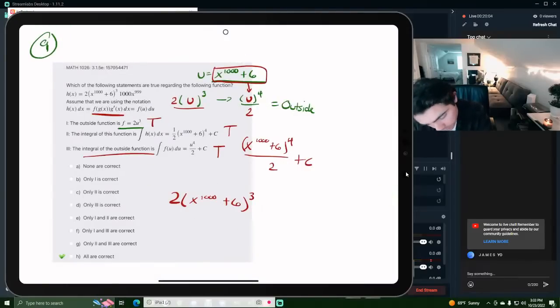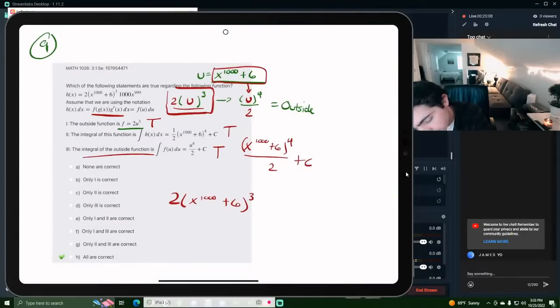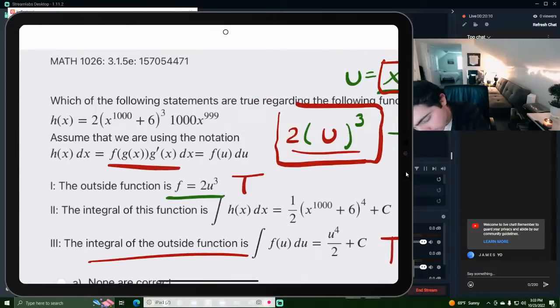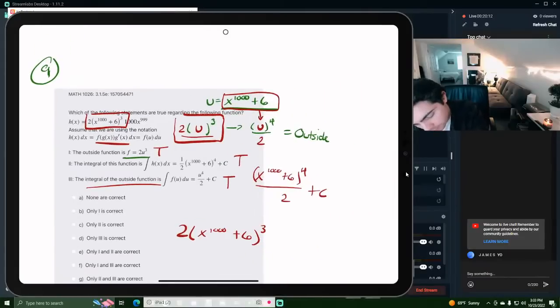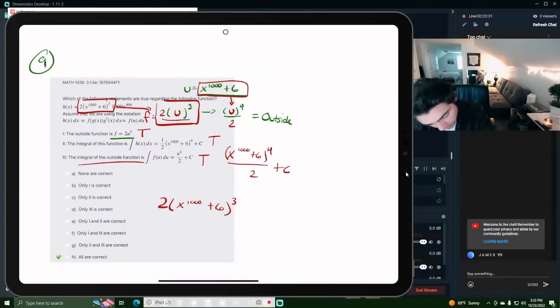And so what they're saying is, like what we labeled here, which came from this here, they really did mean that as f. And what they have, g of x on the inside, matches the inside function stuff, or the u, however you want to call it. So this 2u cubed technically is just the original f, I suppose.